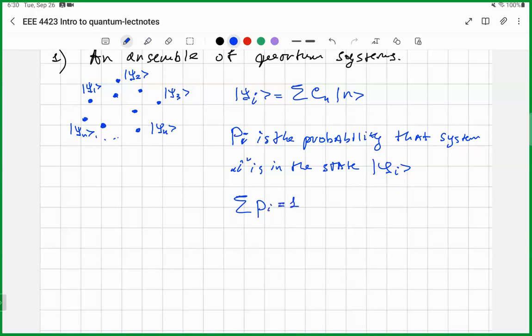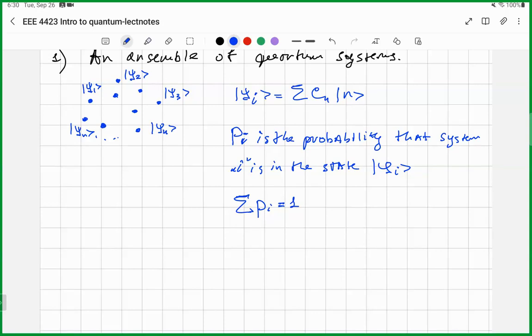So if I sum up over all possible states, all possible realizations, the result is 1. Of course, in reality, we never do this measurement, so usually this probability comes from some assumptions.